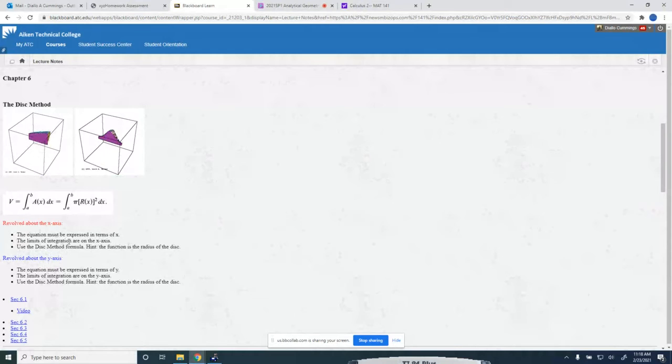The limits of integration are also on the x-axis. Once you have these two conditions satisfied, then you'll use the disk method. If you're revolving about the y-axis and you're using the disk method, the equation must be expressed in terms of y. The limits of integration are also on y. Then you'll be able to use the disk method formula.